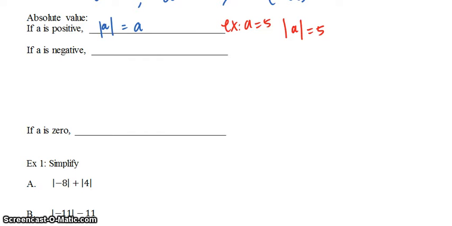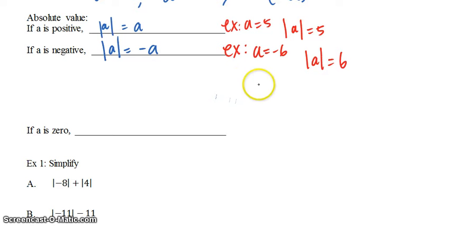Now, if A is negative, then the absolute value of A equals negative A. For example, if A equals negative 6, then the absolute value of A equals positive 6, because negative A, which we know is 6, equals 6.